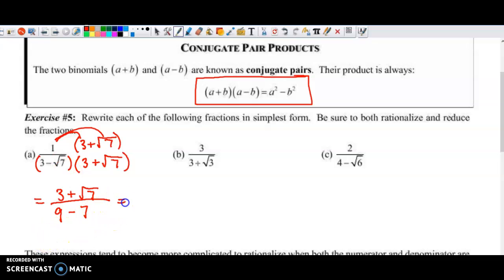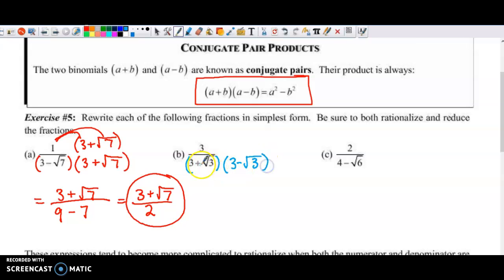So how would I finish this answer? I would just leave it as 3 plus root 7 all over 2. So looking at the next one, what you've got to do is multiply top and bottom by 3 minus root 3. Notice the changing of the sign. Now what I usually do is mess with the denominator first.